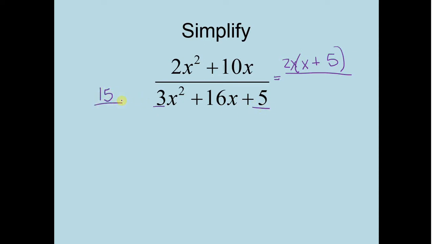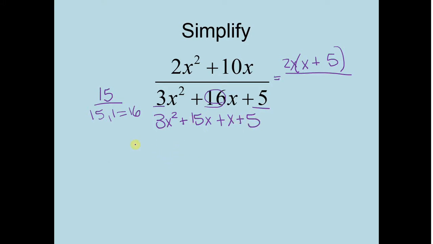So remember the question we asked ourselves: what two numbers make 15 when you multiply, but then add together to give me this 16 in the middle? 3 and 5 makes 15, but that adds to 8. What about 15 and 1? That gives me 16, right, when you add? So I can rewrite the inside: 3x squared plus 15x plus x plus 5.